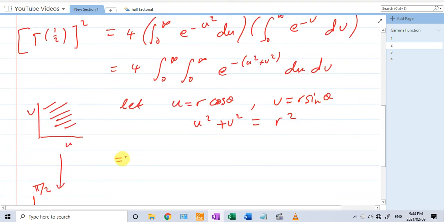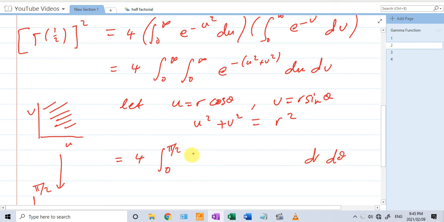So what we can say is, for the integral, theta goes from 0 to pi by 2 for d theta.